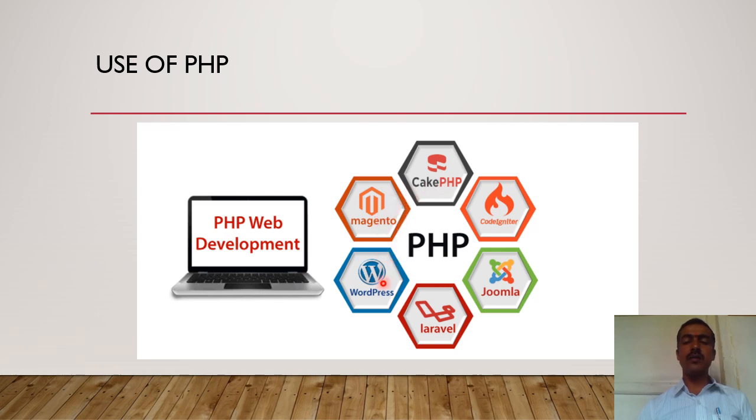WordPress is generally used for blogging. We create blogs with the help of WordPress. Then Magento, CakePHP, CodeIgniter is a framework, Joomla, and Laravel is also a framework. All these are the latest technologies totally dependent on your PHP skill.